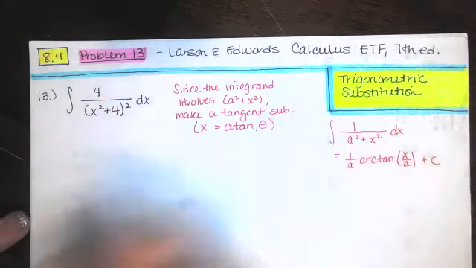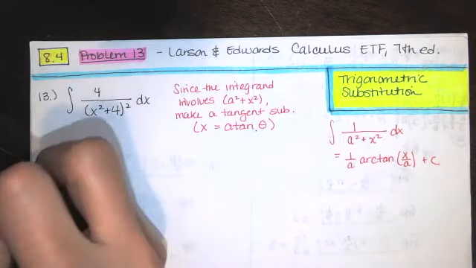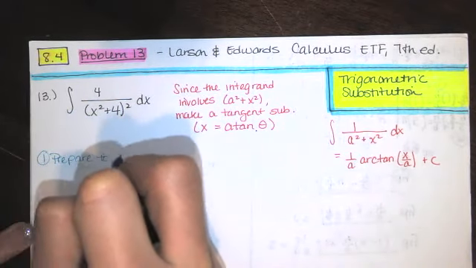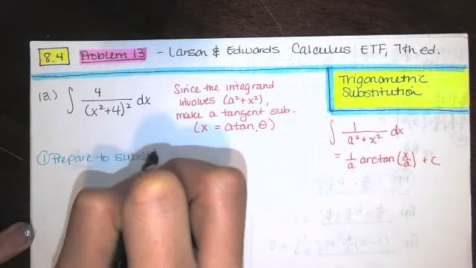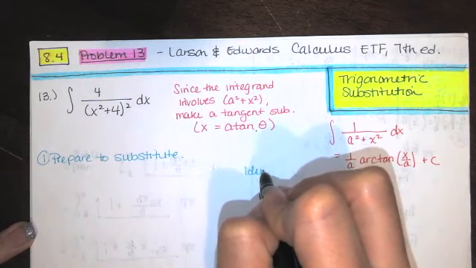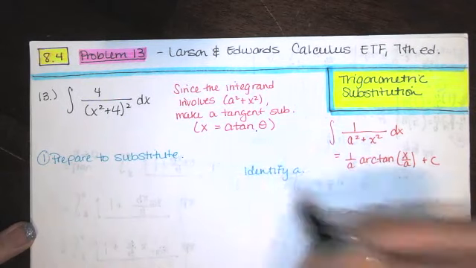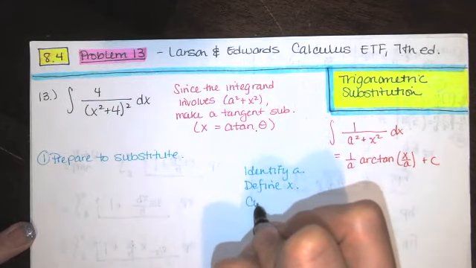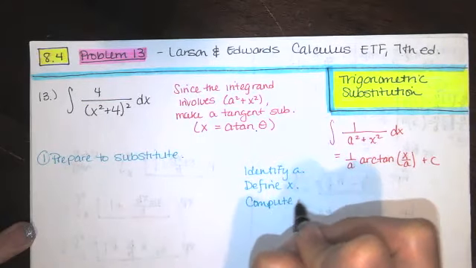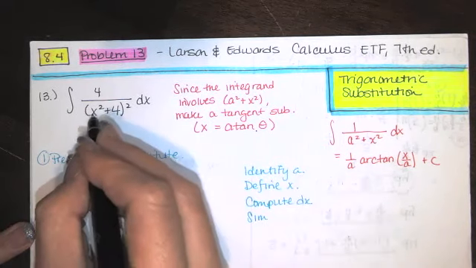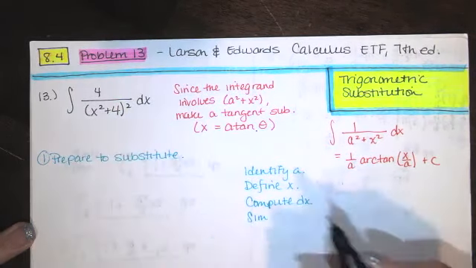Okay, so consistent with that, we're going to start by preparing to substitute. In order to prepare to substitute, we identify a, we define x. And once we've defined x, we compute dx, and then we simplify this x squared plus a squared.